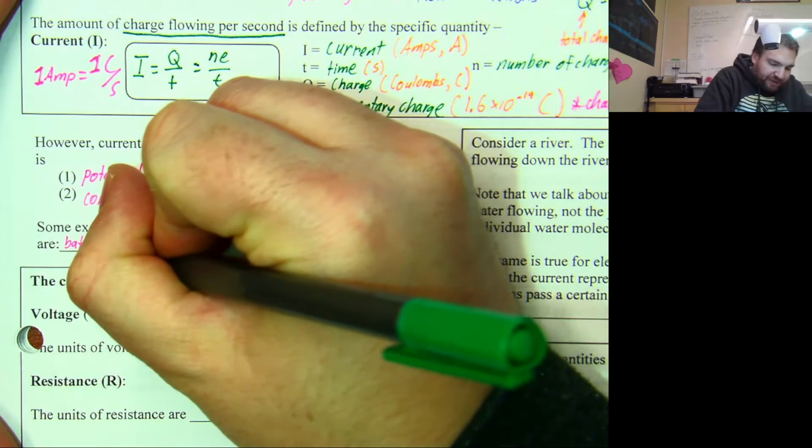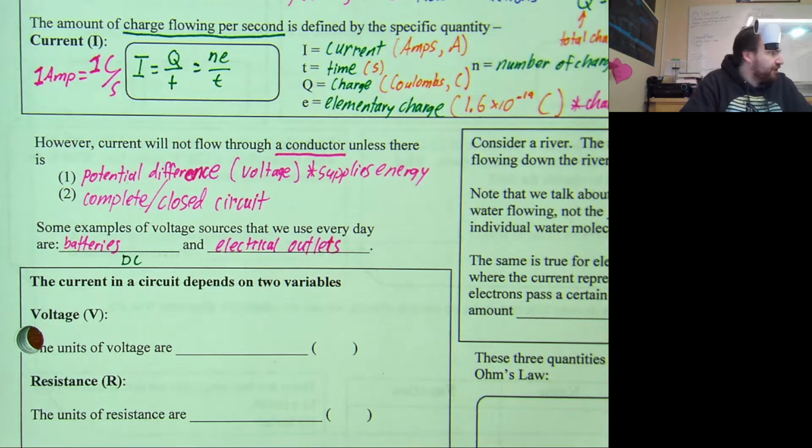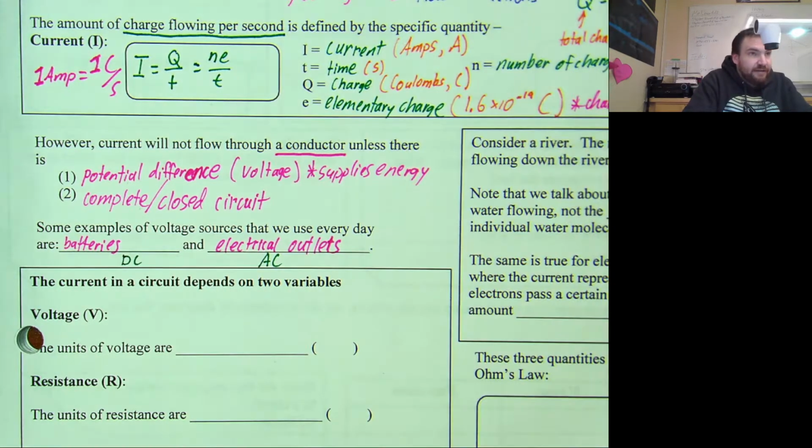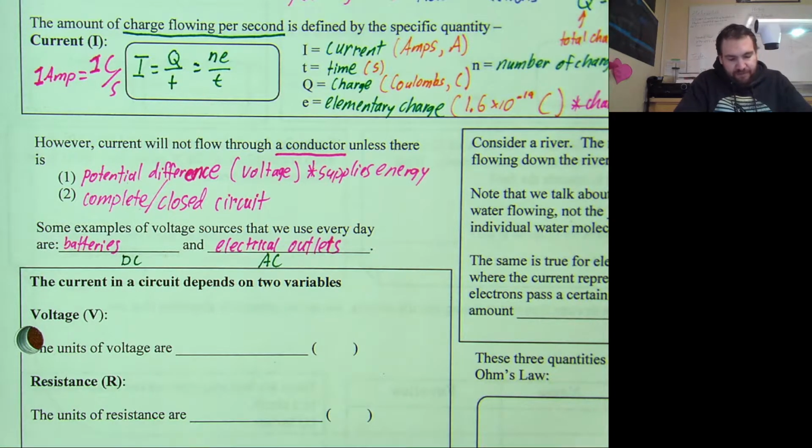Batteries provide what's called DC, which is direct current, and electrical outlets provide AC, which is alternating current, which is why you need a big plug adapter to charge your phone. The battery in your phone provides direct current to all of its electronic components, but the wall provides alternating current. So you need something to convert that alternating current into a direct current to charge your battery so the thing doesn't explode. Fun fact.